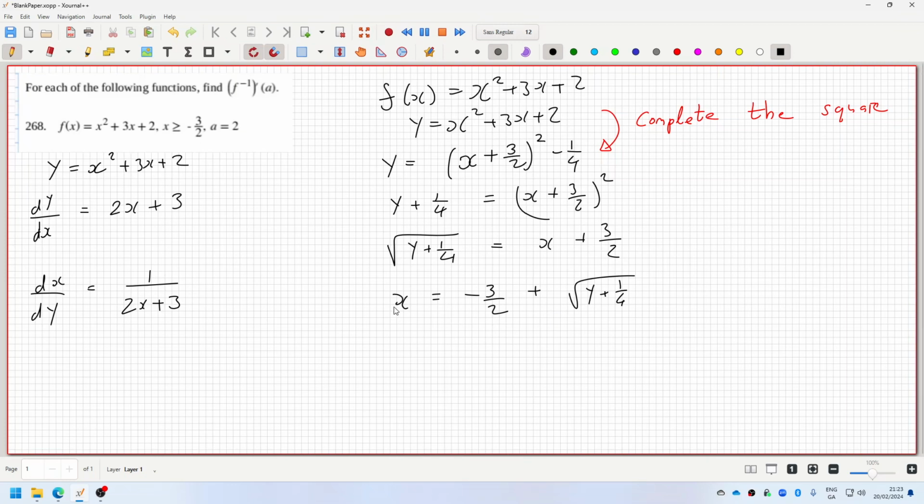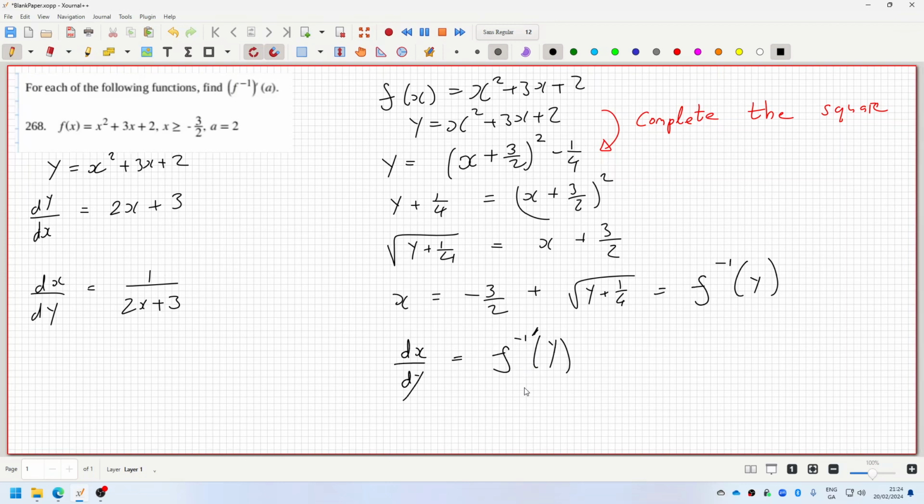And now, at this point, you could calculate the derivative, dx/dy, because what we've just found is the inverse function. So this would be the derivative of the inverse function. Derivative. So I'll put a little dash here.